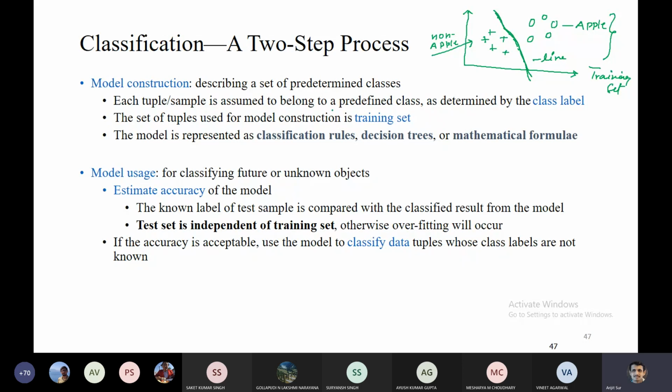The model is represented as classification rules, decision trees, or mathematical formulas. So here it's basically a linear classification. Linear classification means the separator may be a straight line or a linear hyperplane.